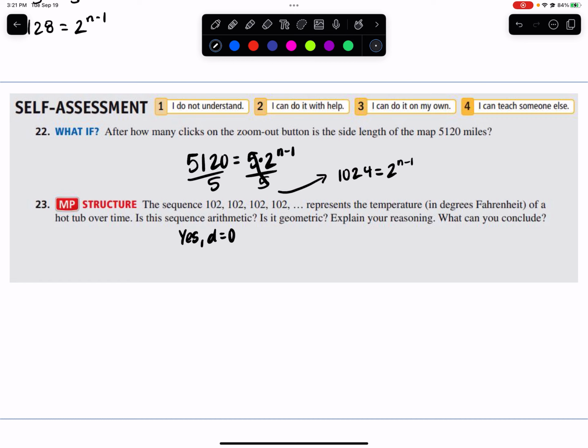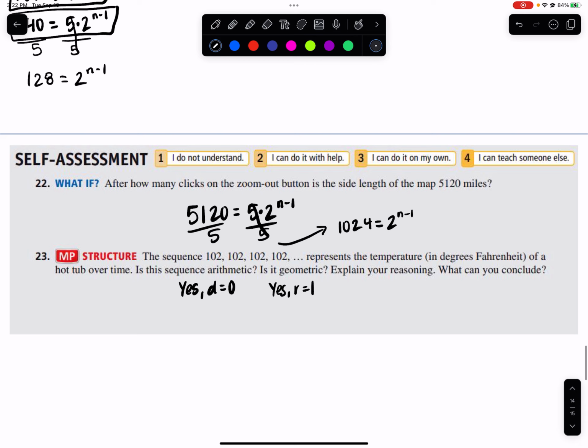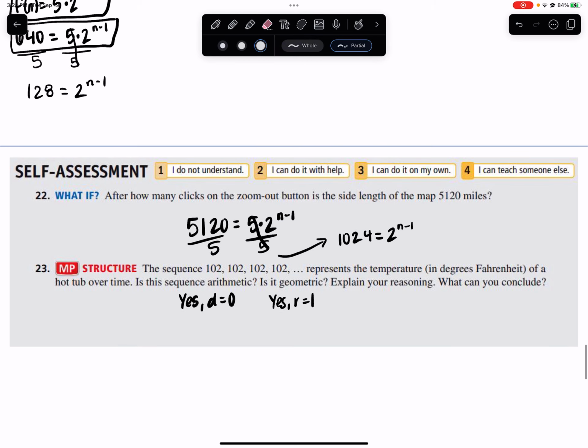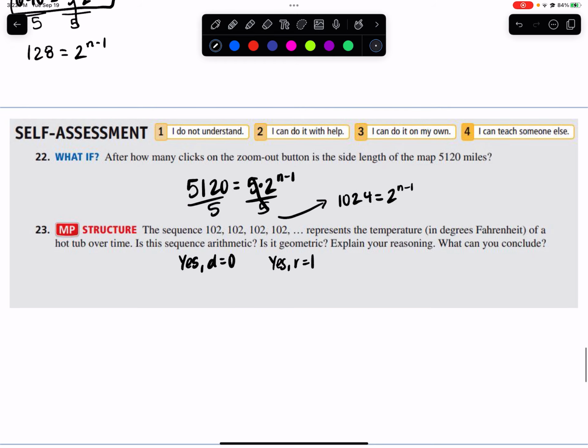Am I multiplying by the same thing every time? Yes. I'm multiplying by r every time. So it could be either one. All right, so that is it for geometric sequences. Please make sure you understand the difference between arithmetic and geometric, and you remember those formulas for both of them.